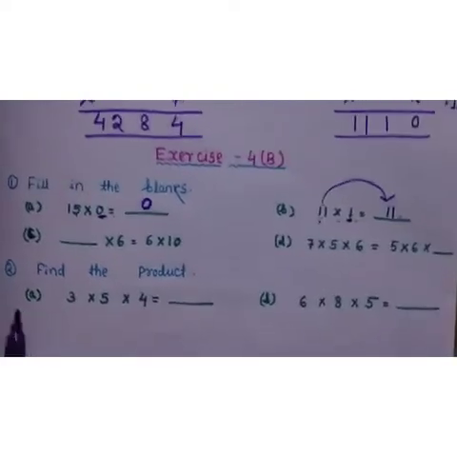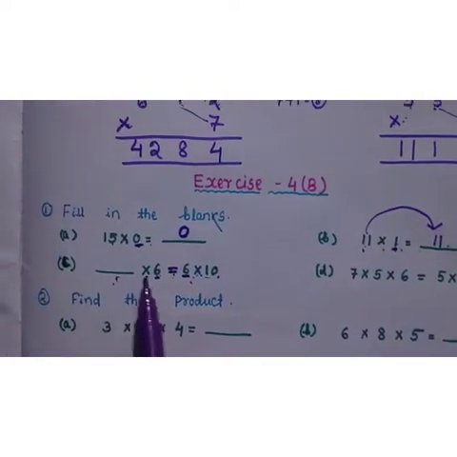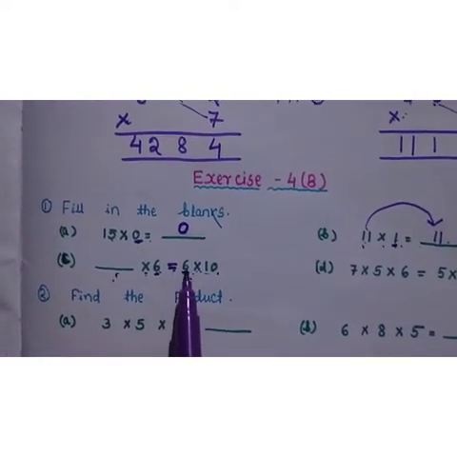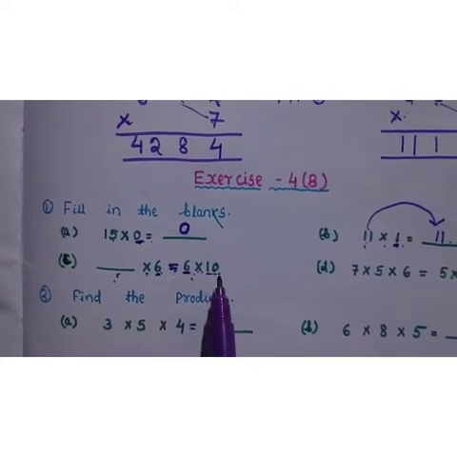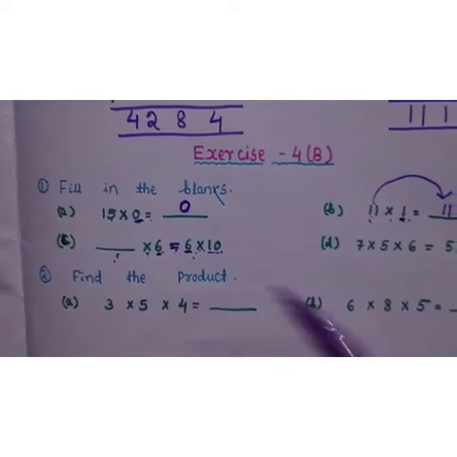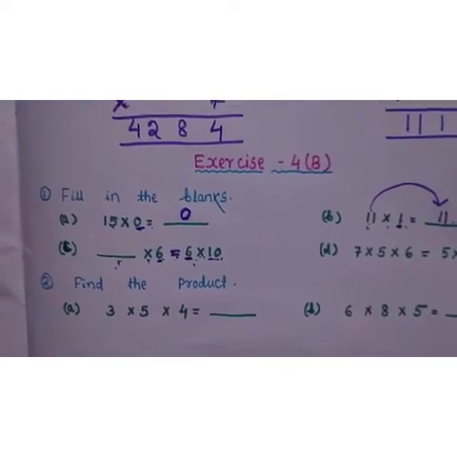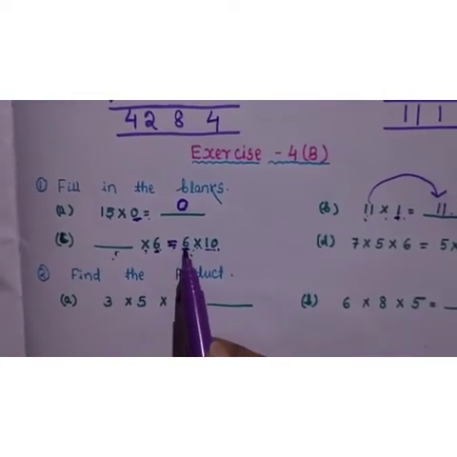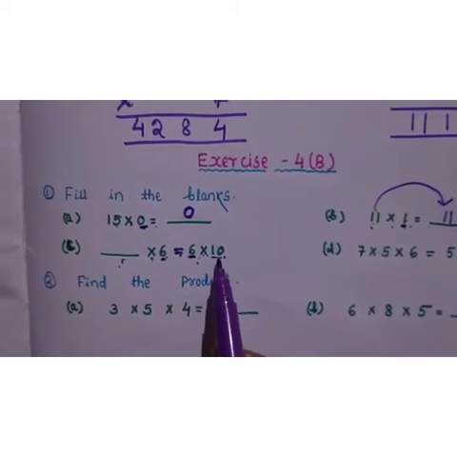So see the C bit. Dash into 6 equal to 6 into 10. See students, here only the order of the numbers is changed. That means on that side 6 is in the first position and 10 in the second position.